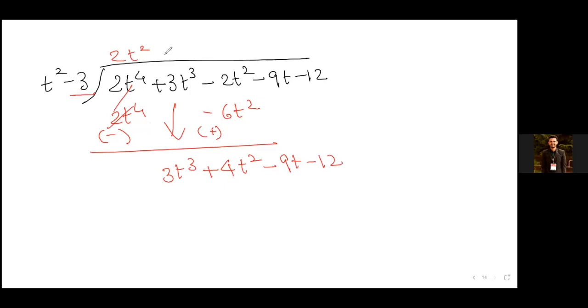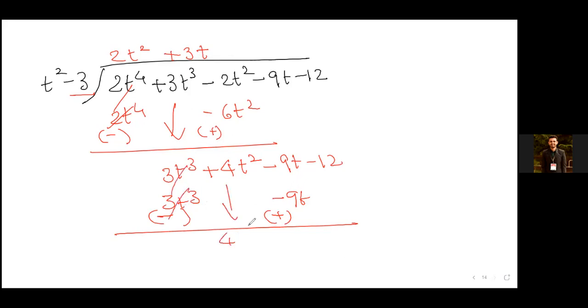Again, multiply with 3t. You will get 3t cube minus 9t. Reversing the signs, this is 4t square.